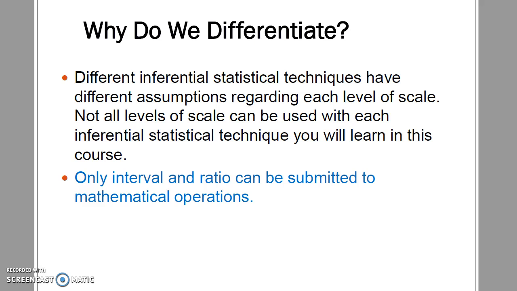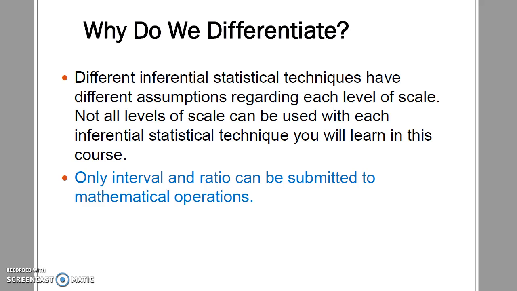So mathematical operations can only happen on interval and ratio data. We can do correlations on the nominal and the ordinal data, and there are techniques for it, but most research, whenever they talk about correlation, they talk about Pearson correlation, which is on the interval and the ratio data.